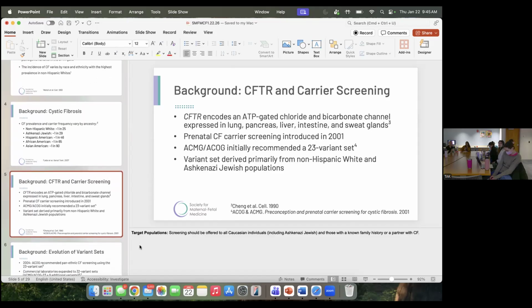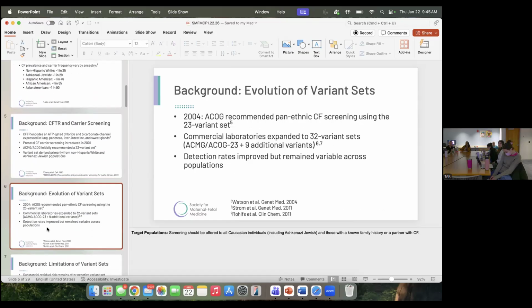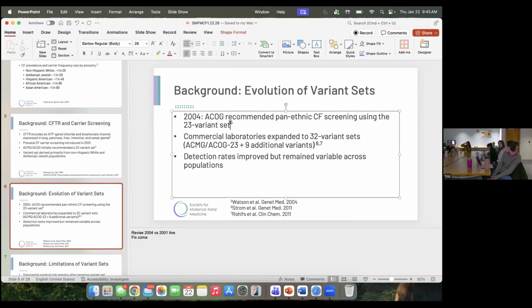I didn't have any comments on this slide. Anyone? Okay. For your evolution of variant sets, again, just to break up the text, you can make it a timeline figure where you press the advance button and a new box pops up. So 2004, ACOG recommends pan-ethnic screening. During this time period, commercial labs expanded to 32 variants.